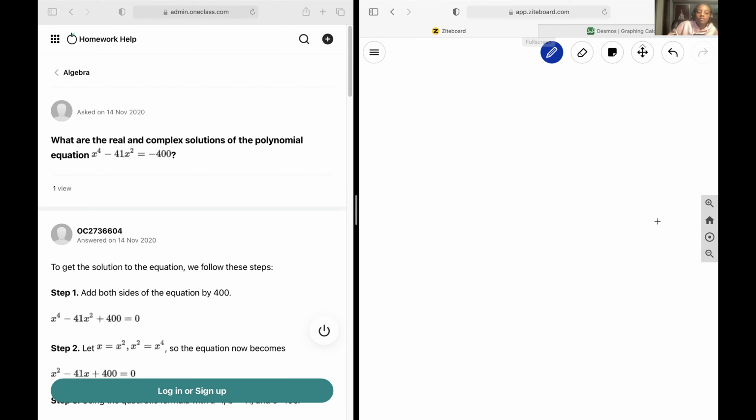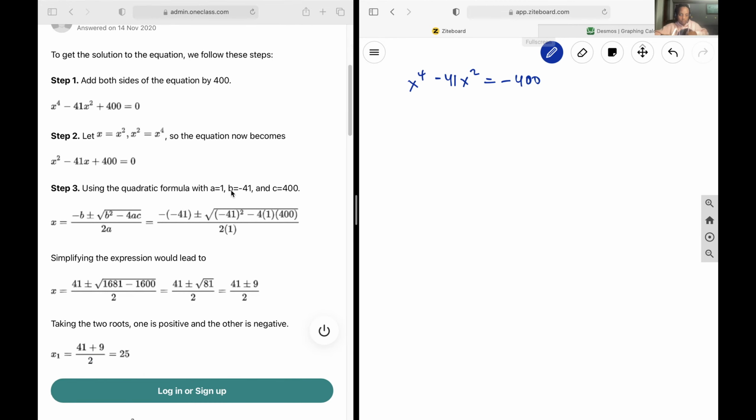Okay, next up, we'd like to find the real and complex solutions of the polynomial equation x to the power of 4 minus 41x squared is equal to negative 400. So first off, let's bring everything to one side. And it becomes x to the power of 4 minus 41x squared plus 400 is equal to 0. Now we're going to use substitution to evaluate this as a quadratic.